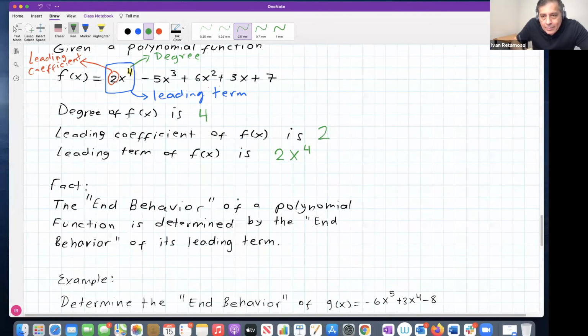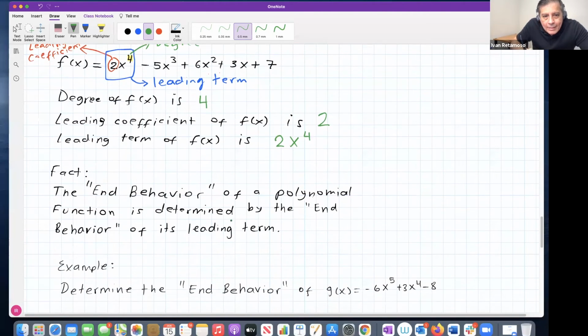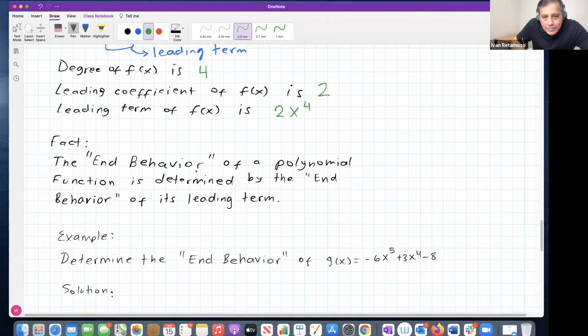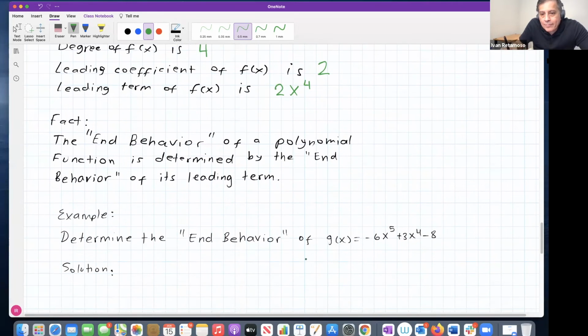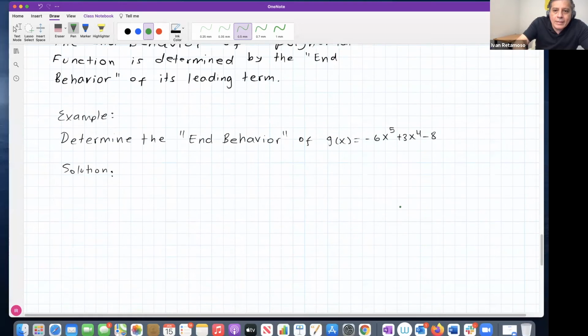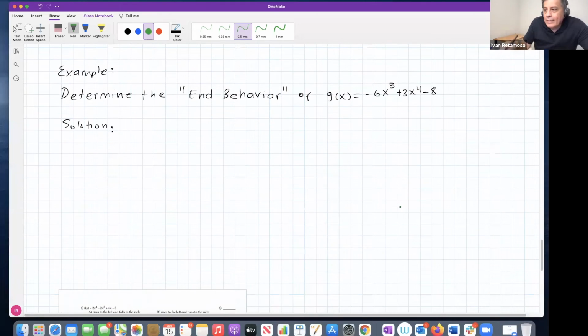So for example, suppose they ask you to figure out the end behavior of this polynomial function: minus 6x to the 5th plus 3x to the 4 minus 8. Based on the fact, we quickly pay attention to the leading term. We separate this from the rest, so we can create a new function, f of x equals negative 6x to the 5th, and work with this.